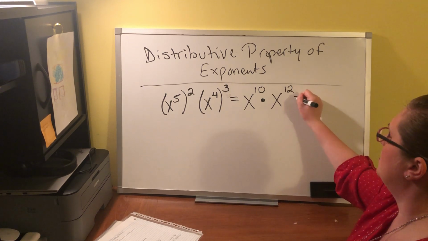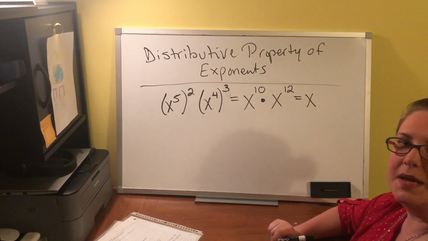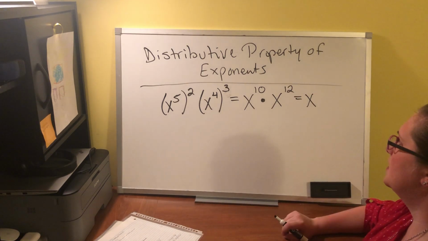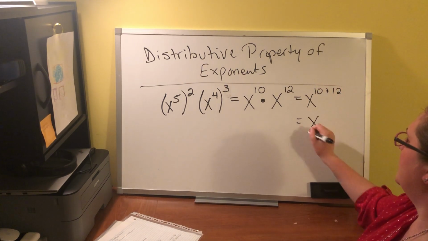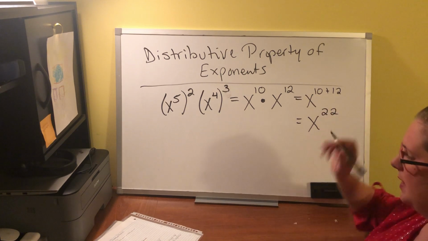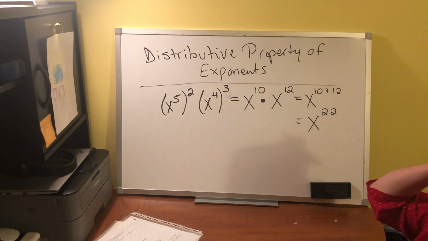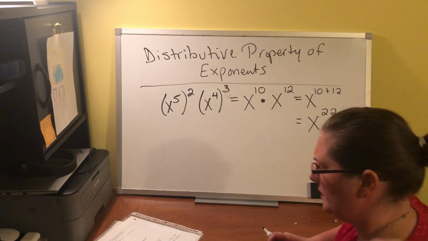Remember, the bases were the same. You kept the base, and you added the exponents. So you're going to be adding 10 plus 12 to get x to the 22nd power as your final answer. Okay? All right, so that was another example.